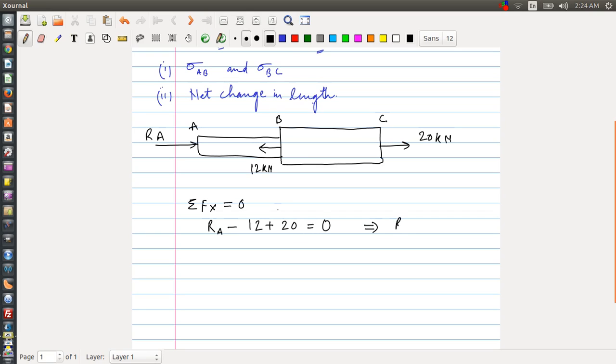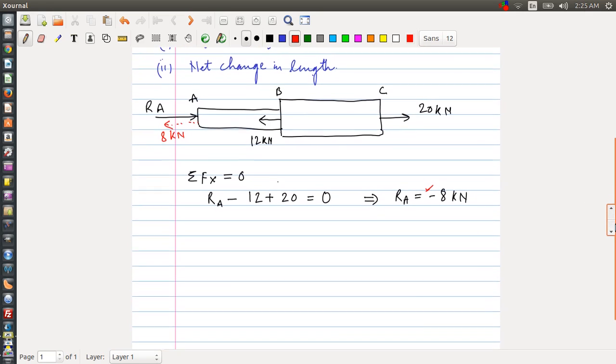So it turns out that the reaction at A is negative 8 kilonewton. Now what does this negative sign signify? It just means that our assumption on the direction of RA is wrong. The sense of RA is going to be in the negative x direction, 8 kilonewtons.